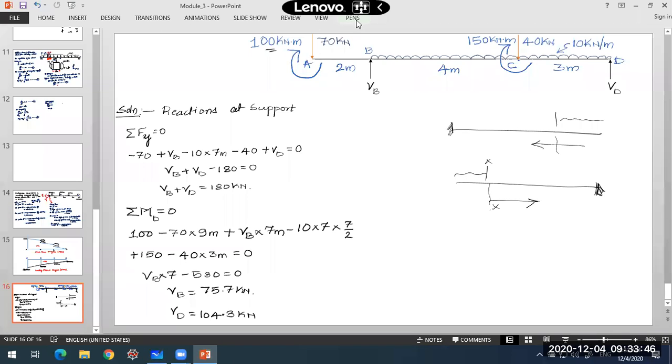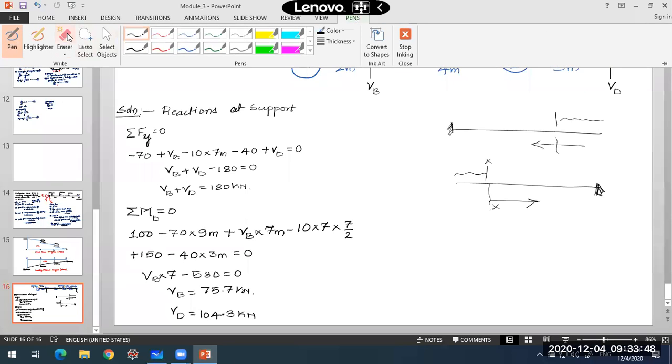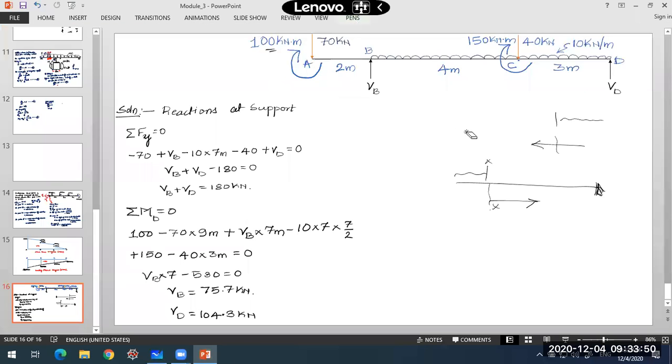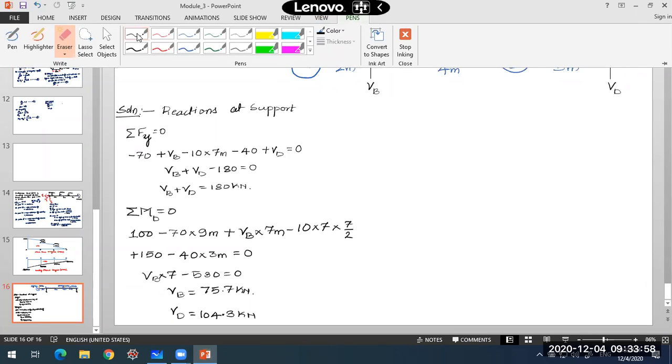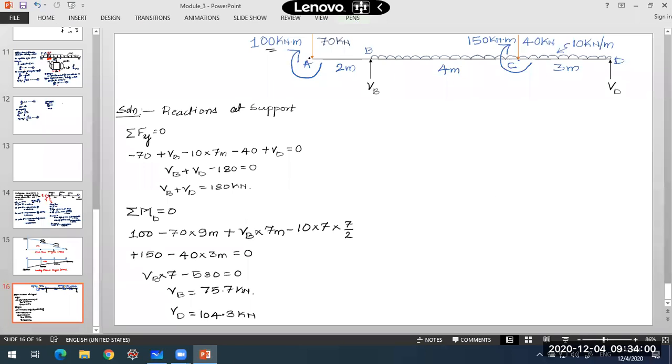So that is the difference we will be following over here, just to keep the solution simple. So in this case, if I take point A, what I have is the shear force at A, right?